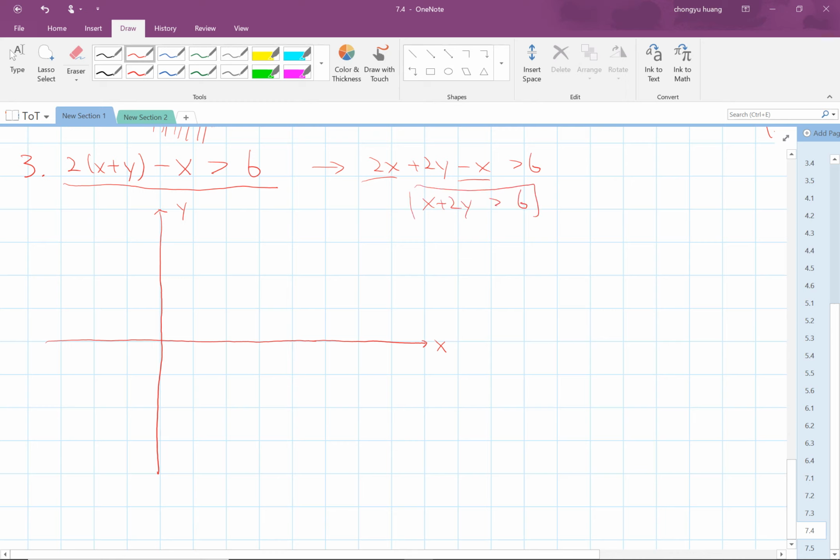So this is the simplest form, and we are going to use this form to graph our inequalities.